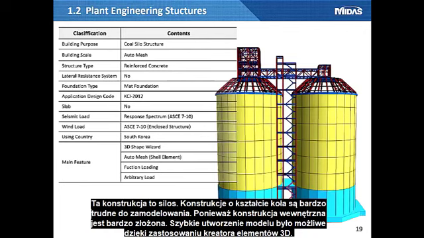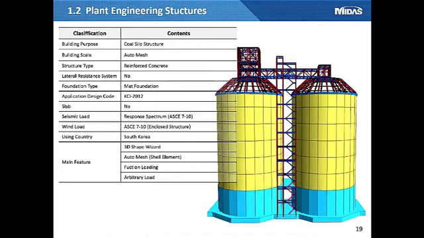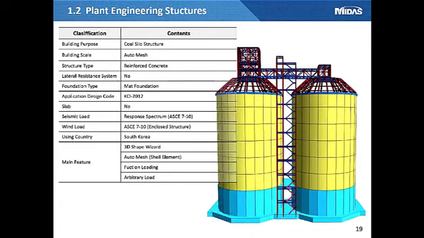This structure was able to complete the modeling in a short time by applying the 3D shape wizard. Also, it is a great feature that the desired load can be applied freely at any position.